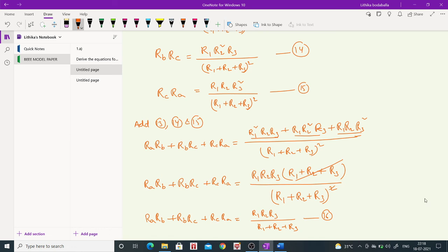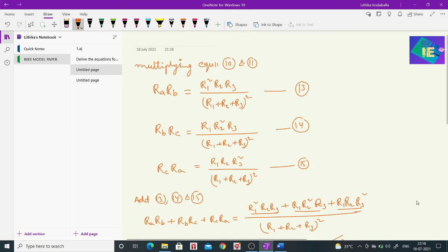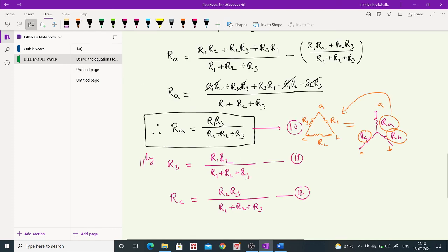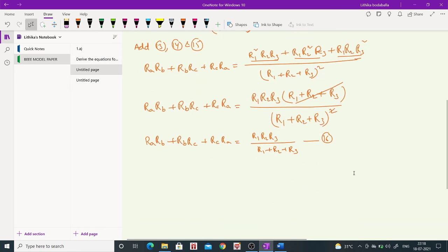Now I will divide this equation 16 by equation 12. What is equation 12? Equation 12 is RC. So divide everything with RC, this side and this side.